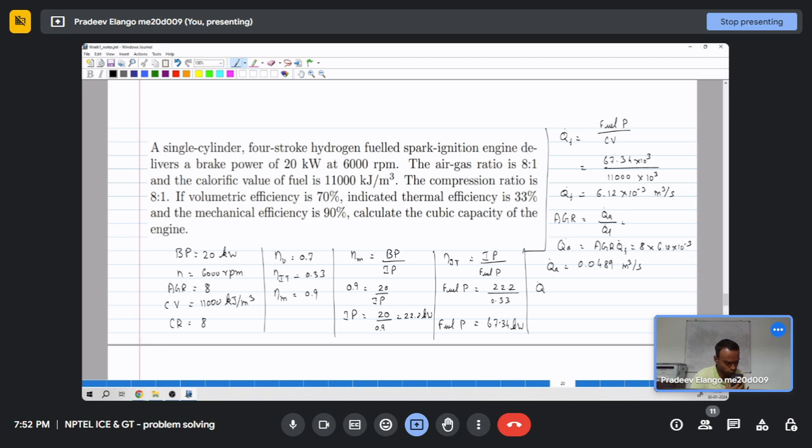Now Q of mix is equal to Q of A plus Q dot F, that is 0.0489 plus 0.0061.